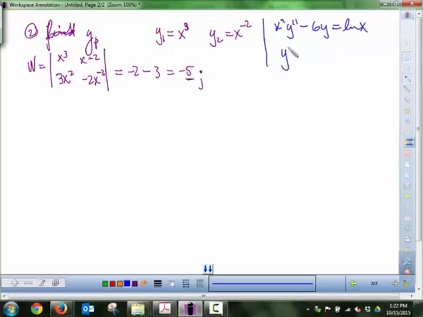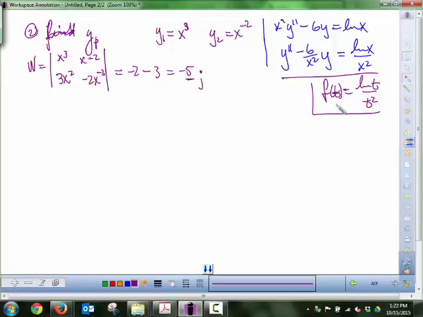And so if we want it in standard form, the right-hand side will become ln x over x squared. So that is going to help us find our f of t. So f of t is going to be ln t over t squared.